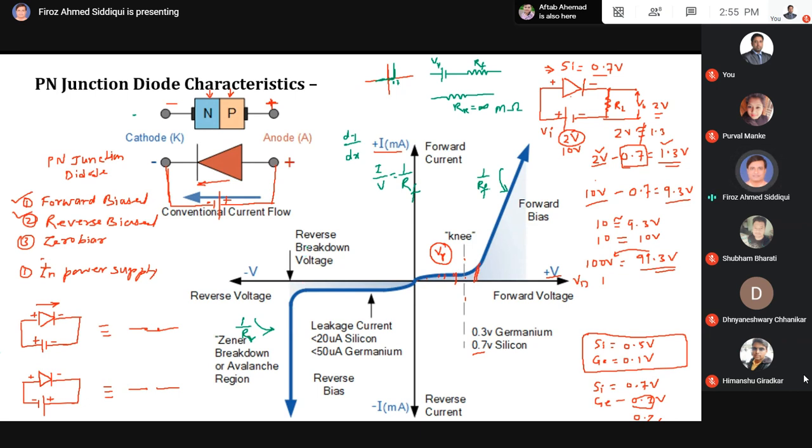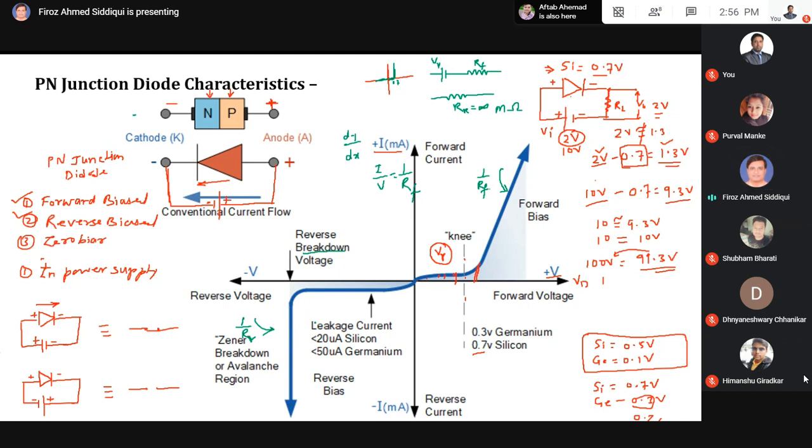That means the diode will break down. The reverse current will start increasing suddenly. If you short any component, current will start flowing rapidly. So in this case also, the current will increase rapidly in the negative direction because the voltage is negative.